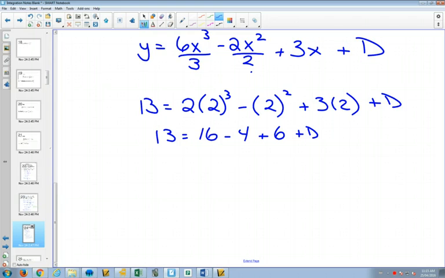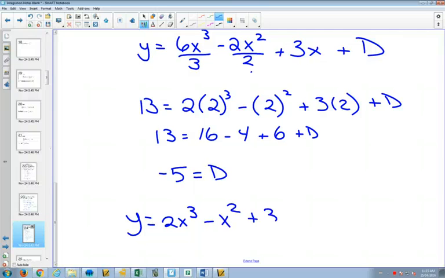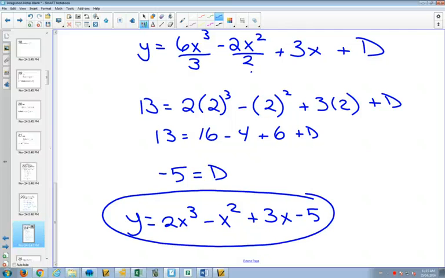It's going to be 12, 18, move it over, and we get d is equal to -5. So when asked to find the original equation, we can do that because we solved that the c value had to be 3 and the d value would have to be -5.